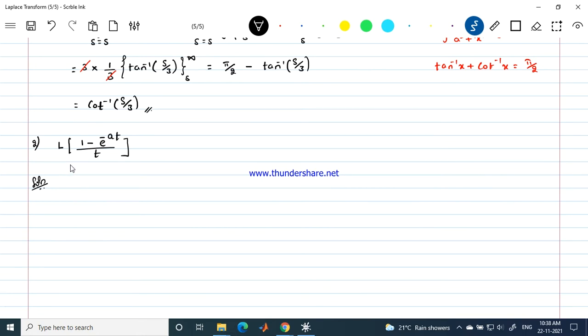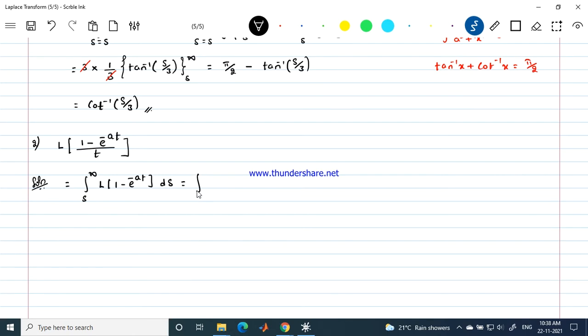Even in this problem, we have the Laplace transform of a function of t divided by t. So this is equal to the integration from s to infinity of the Laplace of 1 minus e power minus at ds.